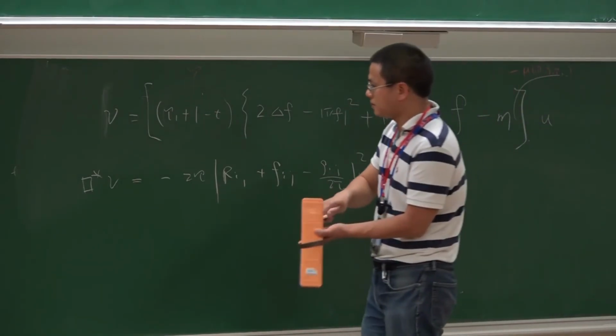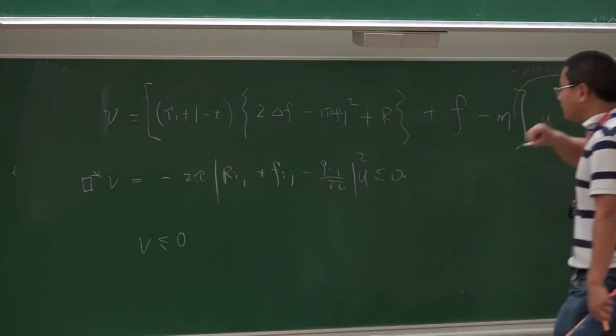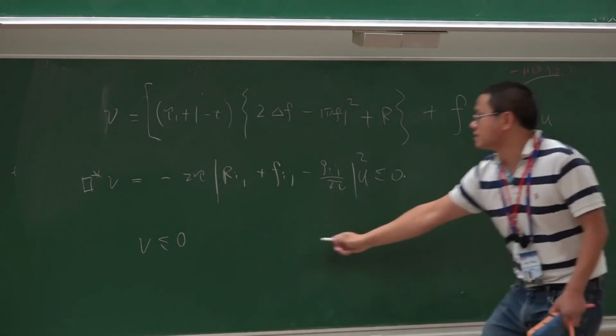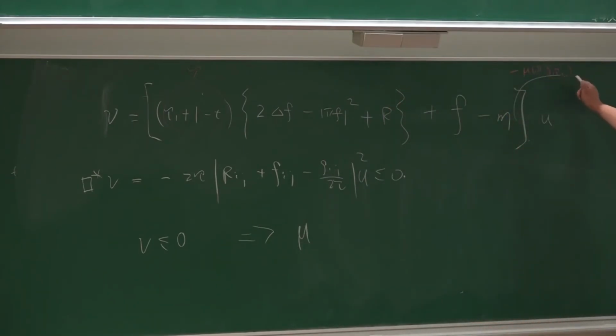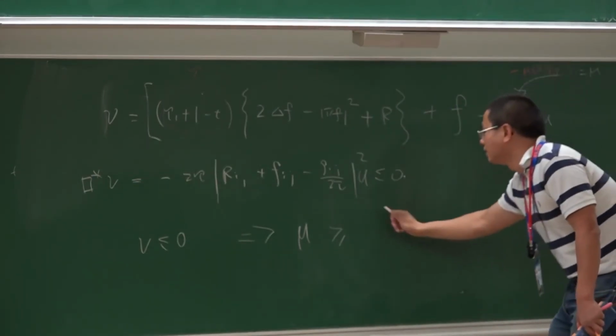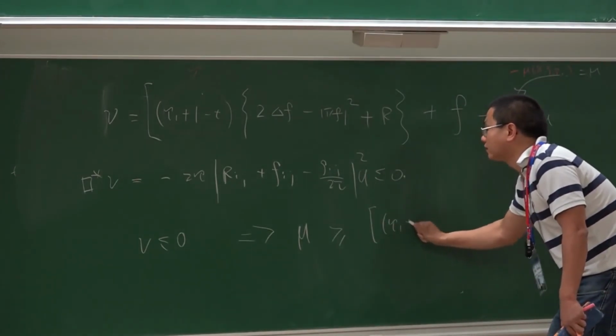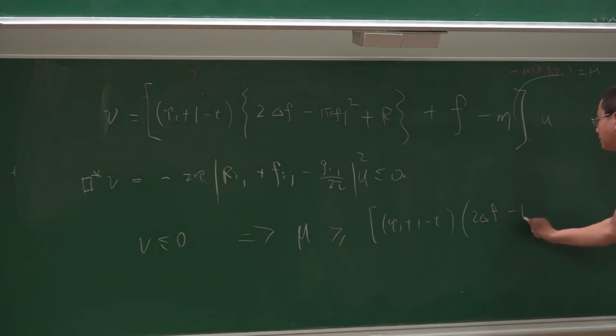Using the same method, you obtain V less or equal to 0. But what does this mean? So this means mu, I put this as mu for simplicity. Mu will be bounded from below by τ(m+1−t)(2Δf − |∇f|² + R) + f − m.